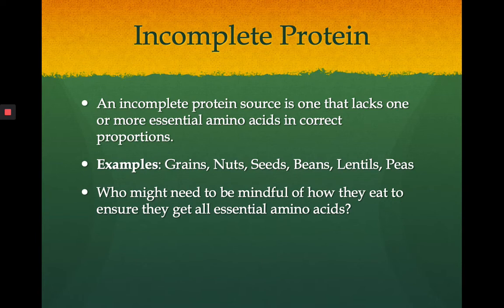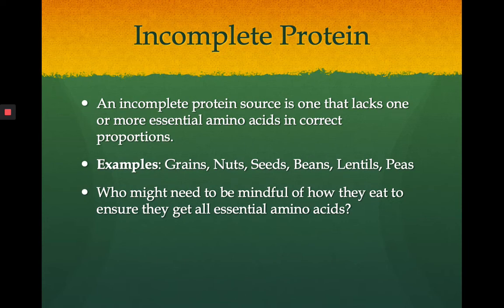I kind of answered this question already, but who might need to be mindful of how they eat to ensure they get all essential amino acids? We talked about the fact that many of the incomplete proteins, those are all coming from plant-based products or plant-based foods.